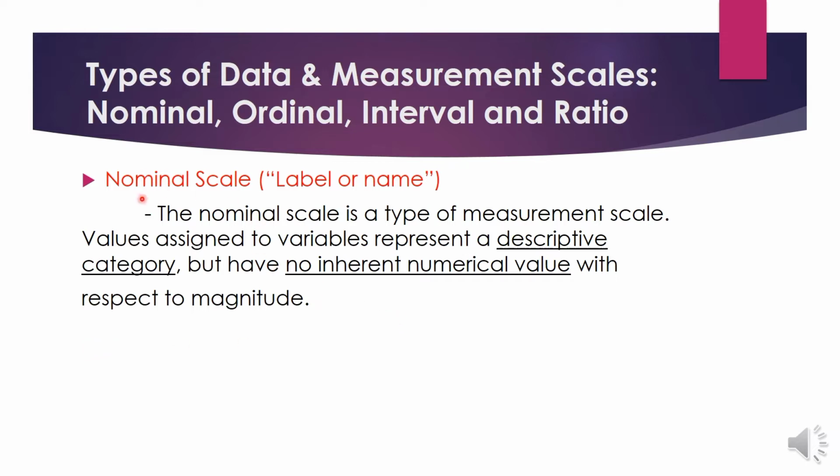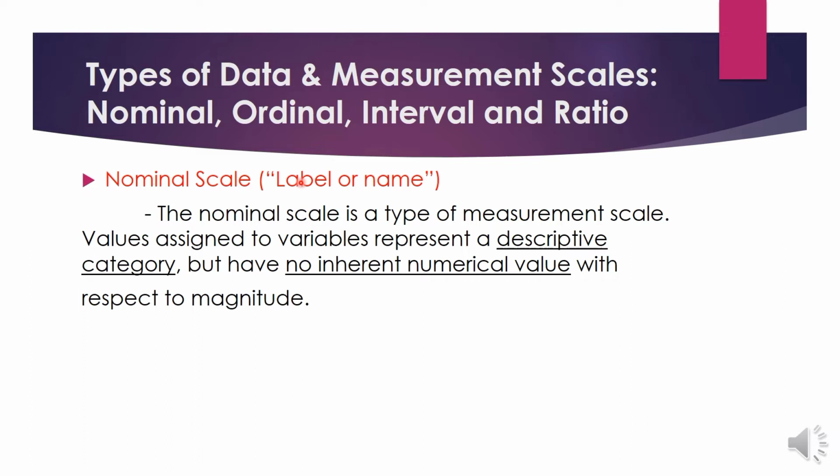This means that nominal scale is just a description or a name without any number or any value. Nominal scales are used for labeling variables without any quantitative value. Nominal scales could simply be called labels.